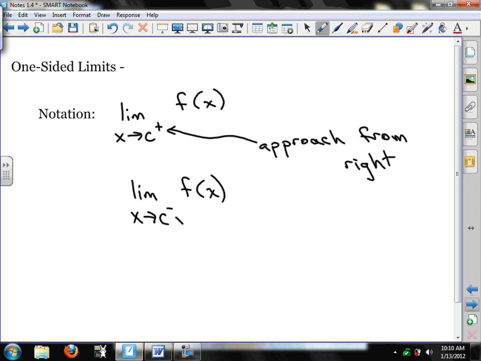The minus sign then would obviously tell us that we are approaching from the left. So instead of looking for the limit as x approaches c of f of x, sometimes that may not exist, but then the one-sided limit might exist. We'll take a look at an example of that here.